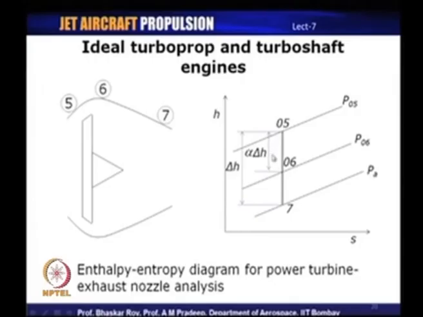And so, there is an enthalpy drop which is occurring in the free turbine, and that is between stations 5 and 6. So, the total enthalpy between stations 5 and 6 drops, and you can see there is a pressure drop, total pressure drop as well between 5 and 6, and the rest of the expansion occurring between station 6 and 7, which is the nozzle.